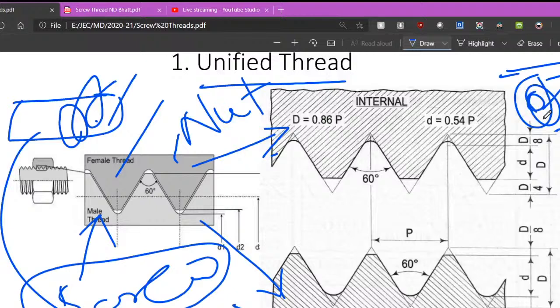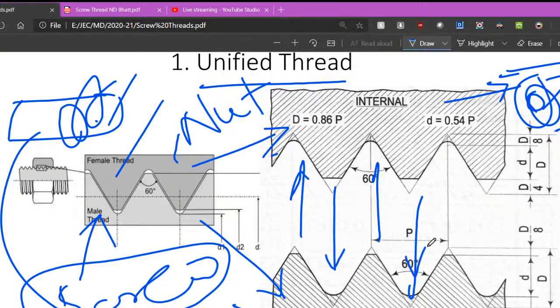Consider that this part will go here and this will come here. When we rotate it, it moves helically, it does not move straight. That's why it advances or retracts in axial direction.